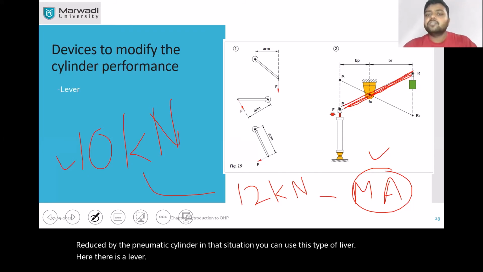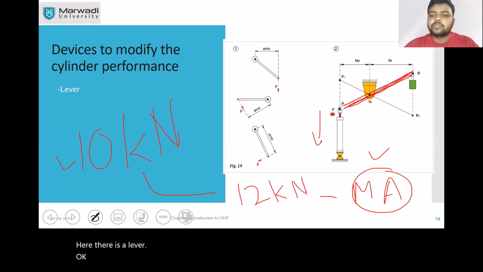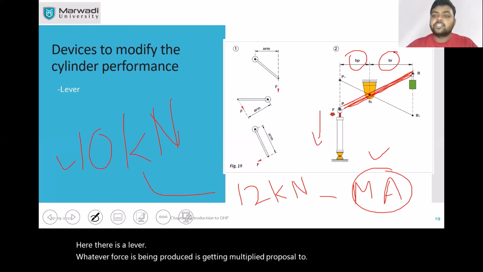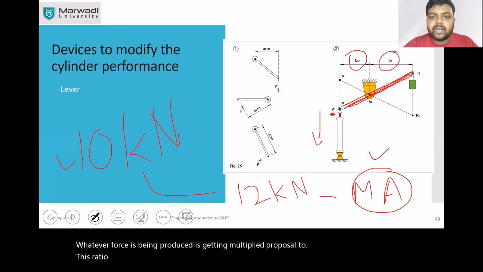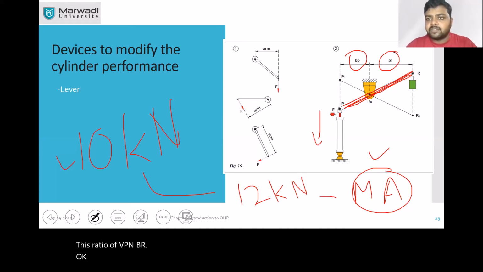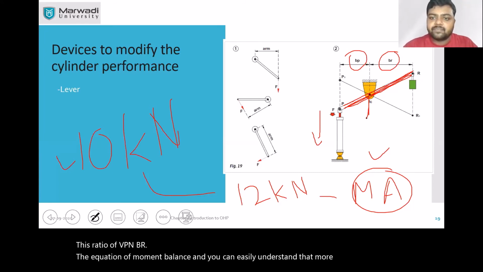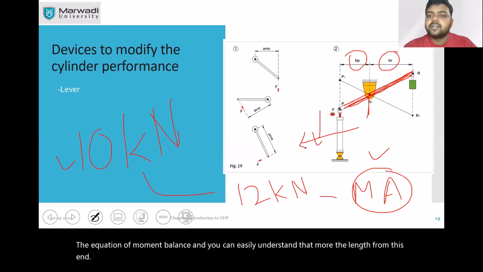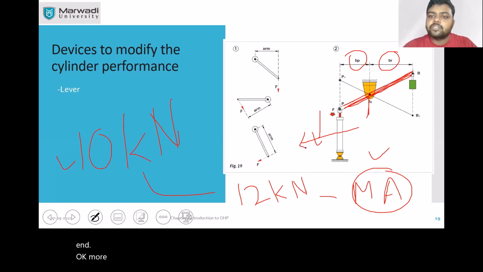Whatever force is being produced gets multiplied proportional to the ratio of BP and BR. You know the equation of moment balance, and you can easily understand that the more the length from this end, the more torque it will produce, and similar torque is transmitted on this side.